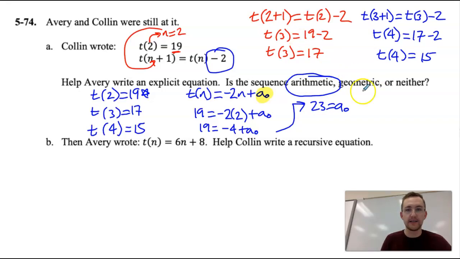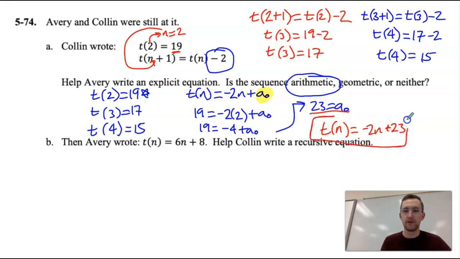We know that our final equation, since we now have our starting value and our difference, which is -2, our explicit equation is t sub n is equal to -2 times n plus 23. There we go. Let's jump down to part B.